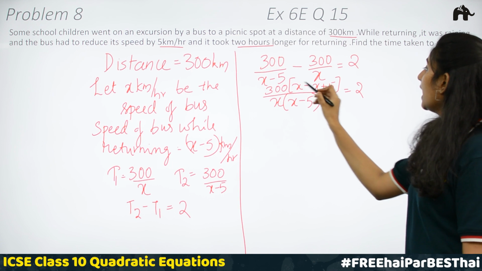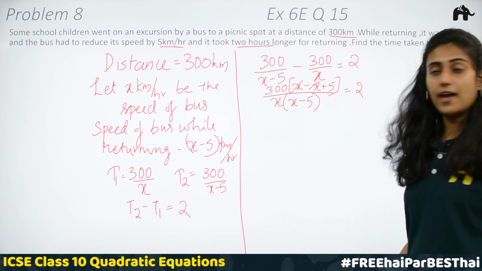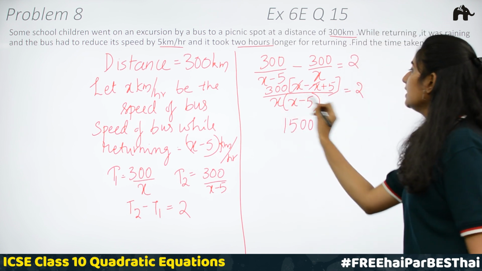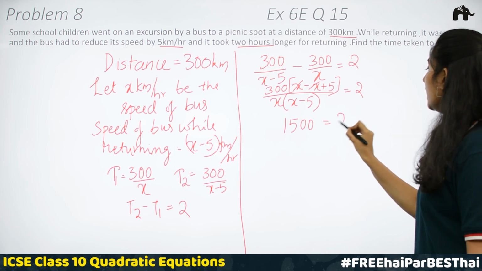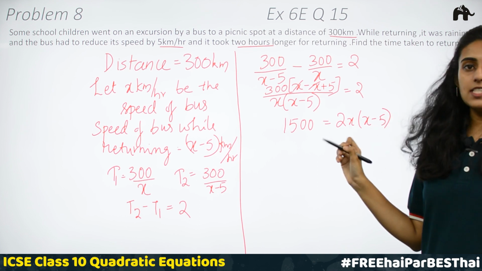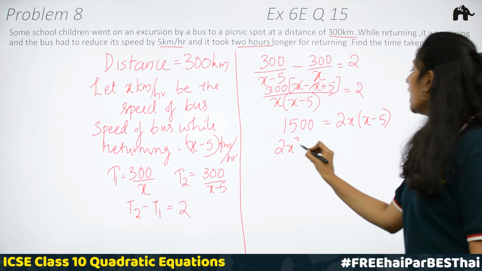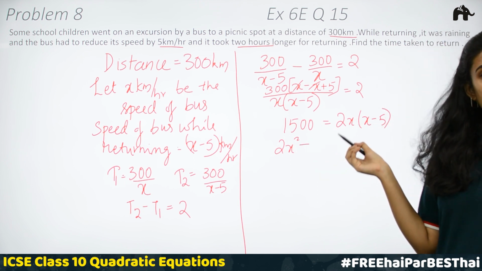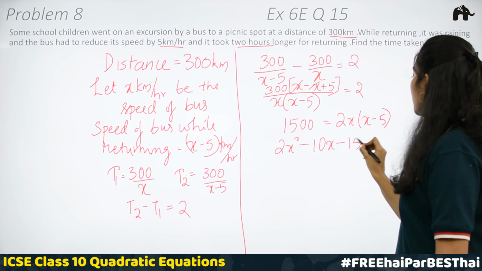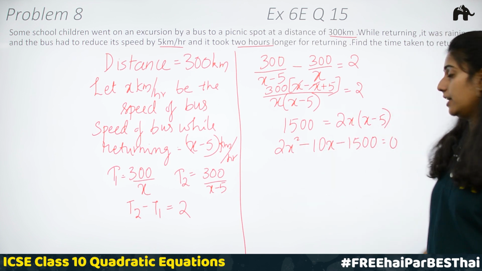Okay. x and minus x can be cancelled. 300 into 5, that is 1500, is equal to, taking this part to the opposite side, 2x into x minus 5. 2x into x is 2x square, 2x into 5 is 10x. 2x square minus 10x minus 1500 is equal to 0, taking all terms to one side.